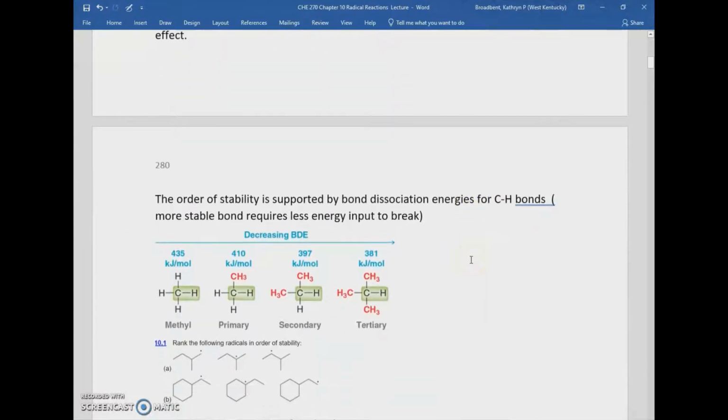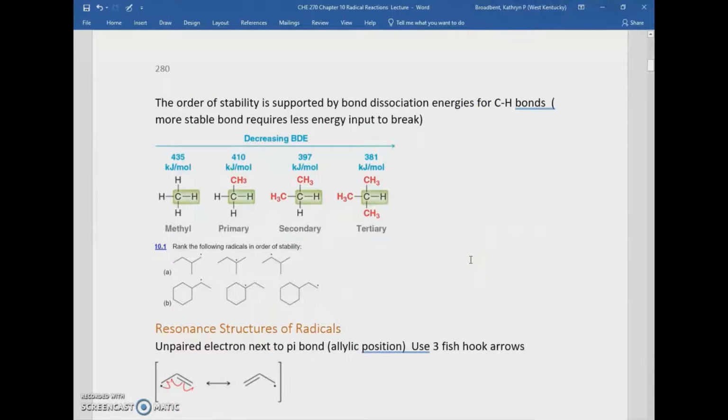And the order of stability that we just gave you is supported by bond dissociation energies. So if the radical is more stable, it takes less energy to break the bond. And so to break this bond takes 381, but to break this bond down here takes 435. So what they're saying is that the radical that's formed is more stable if it's got these alkyl groups around it.